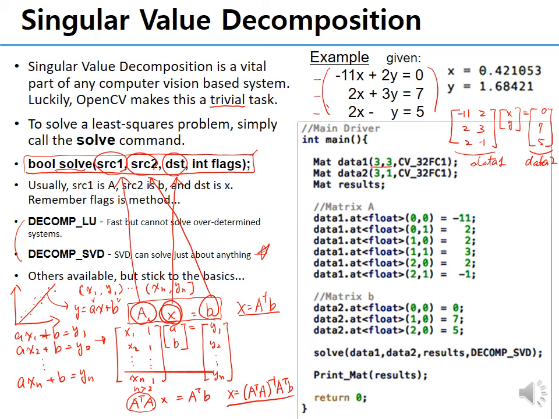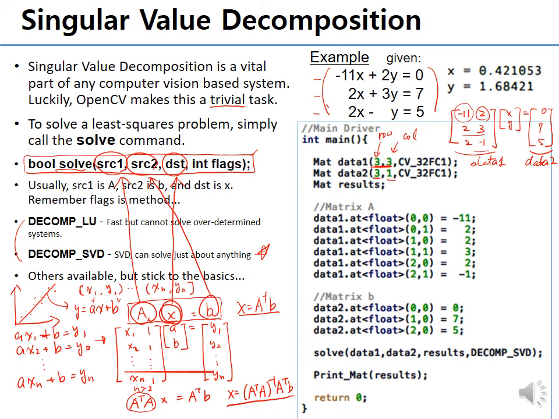But in this example they use 3 by 3 instead of 3 by 2. So we put 0, 0. This is a row, and here is a column. This is 3 rows and 1 column. So we put the data into data 1. Data 1 dot at float 0, 0 is minus 1, and 0, 1 is 1, and 1, 0 is 2, and so on.